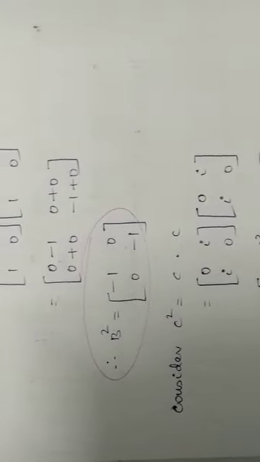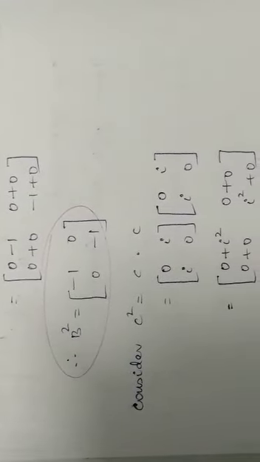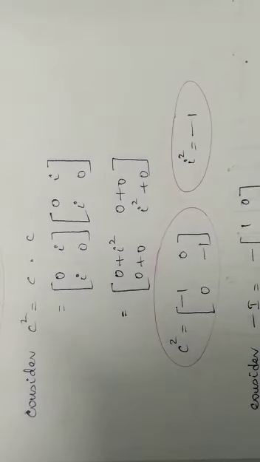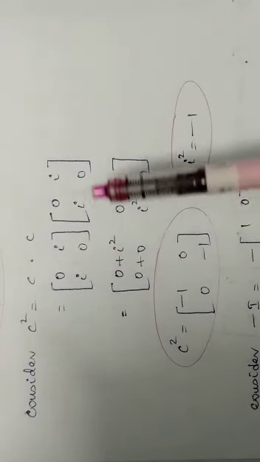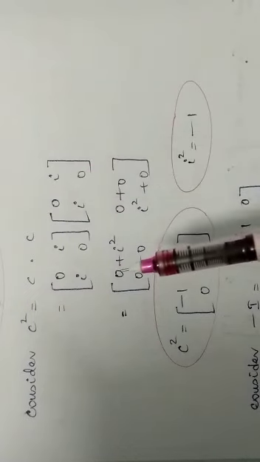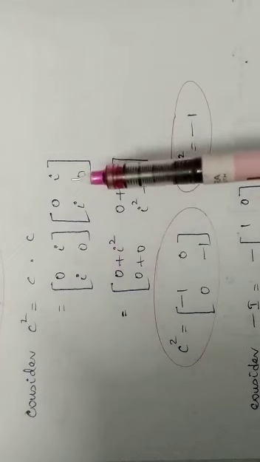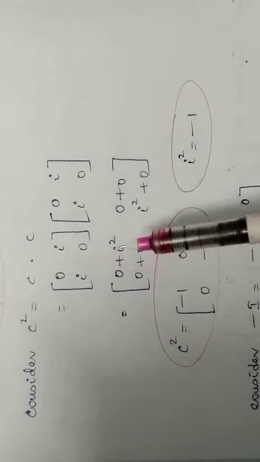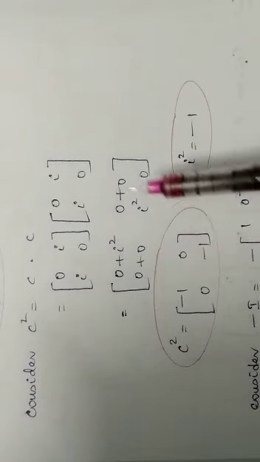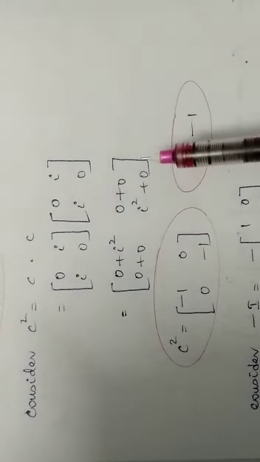Now C square. C square means C into C, and we know how to multiply. C matrix into C matrix are multiplied. By multiplication, we got 0 plus I square, 0 plus 0, 0 plus 0, I square plus 0.